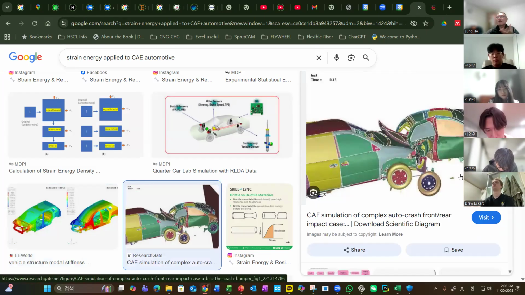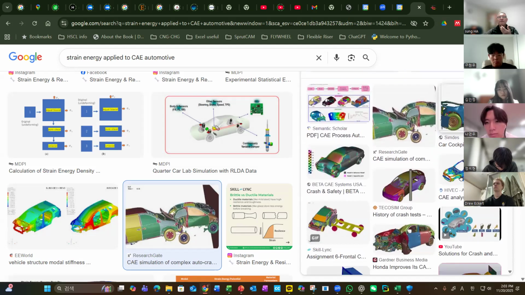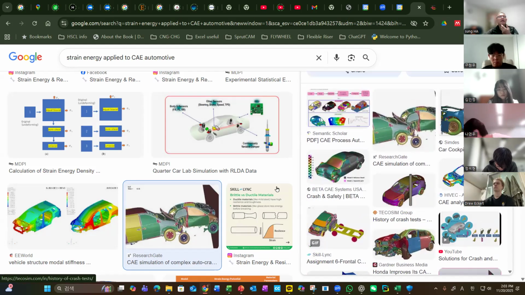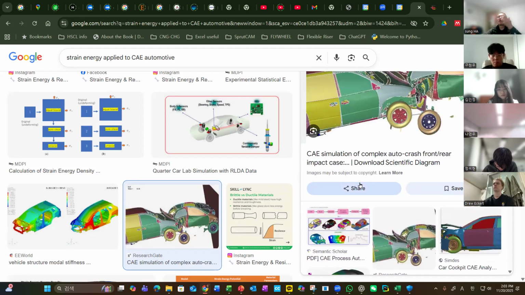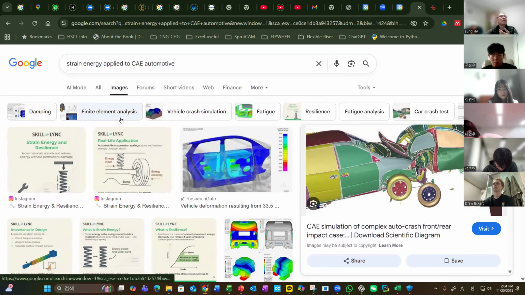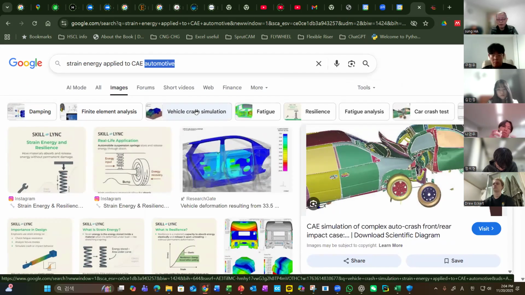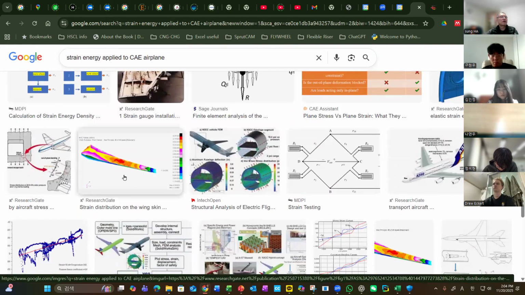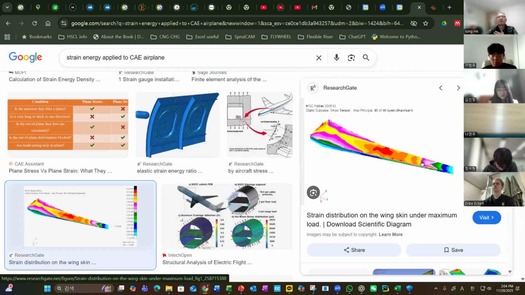Every solid mechanics problem, even for automotive and impact, electric car, gasoline car, you name it, everything. I just mentioned only the automotive here, but also the airplane, all kinds of wing deformations and things like that.